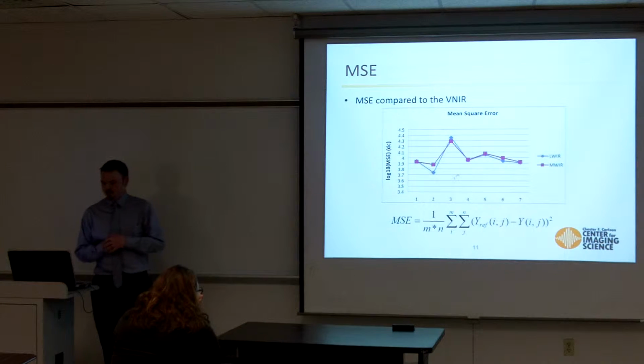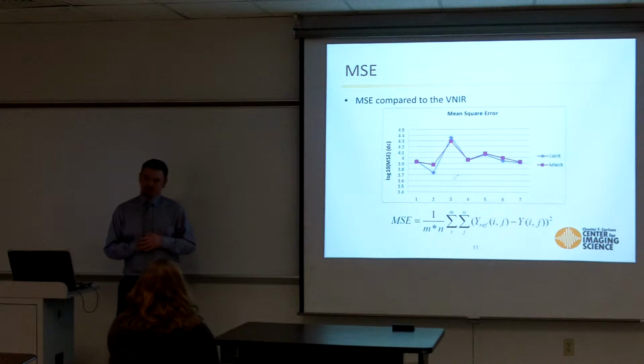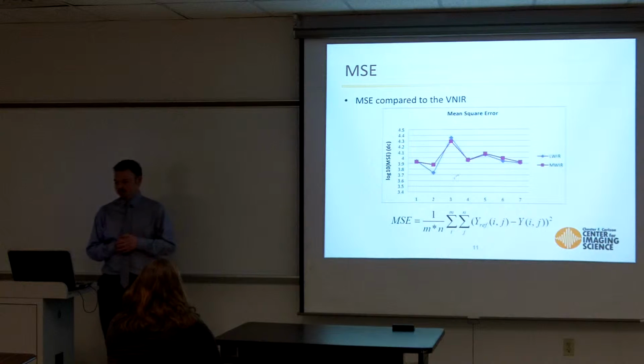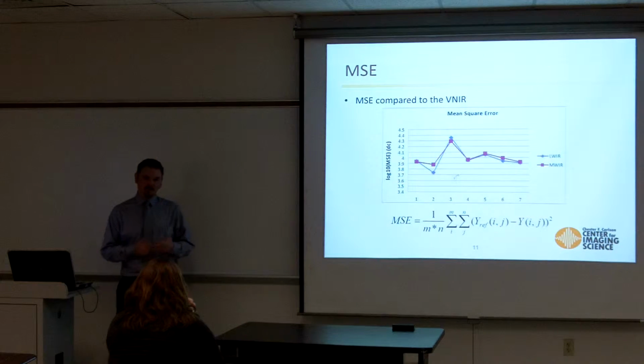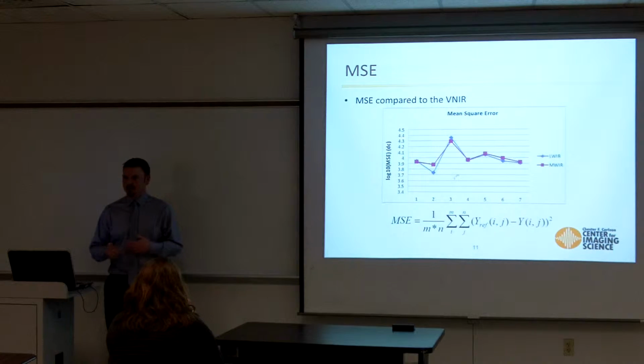So the mean square error I used to calculate that is taking the variance from the reference to the actual image. What I used as a reference was the visible, because I know what that is, and for surveillance I want to take the IR band and make it look as much like the visible as I can.